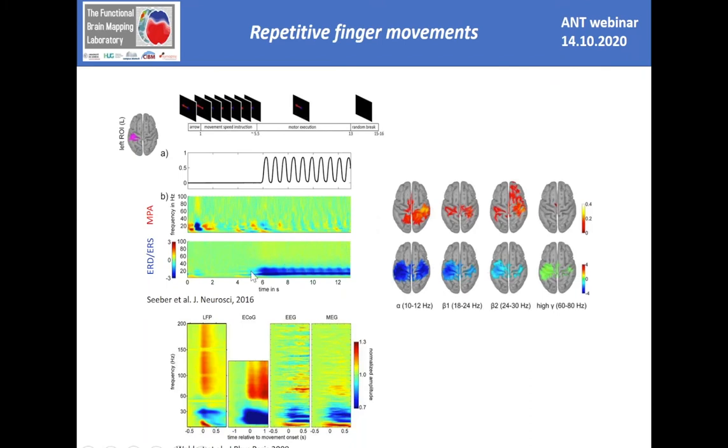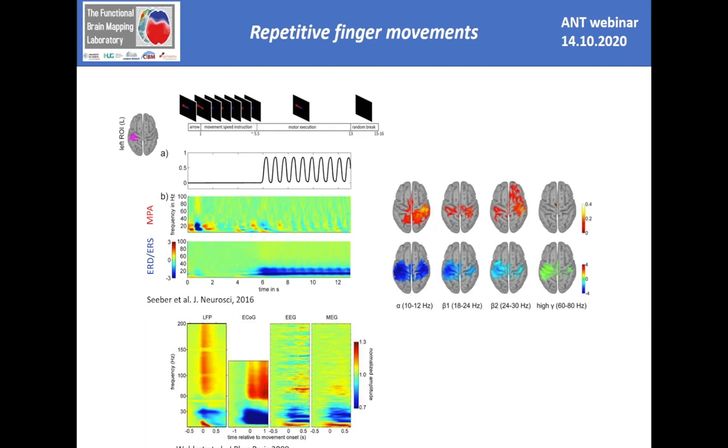When we look at the beta suppression sources and the movement-phase-related modulation pattern, we already can see that these sources are quite different. So here I show beta suppression or beta increase patterns, where you can see that this beta suppression is maximum in contralateral hand areas because it was a right hand movement.